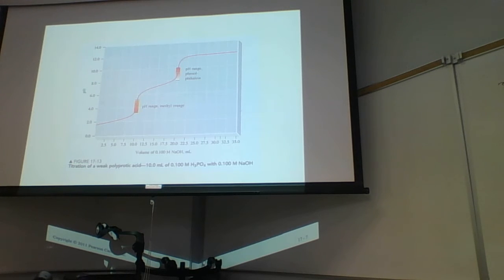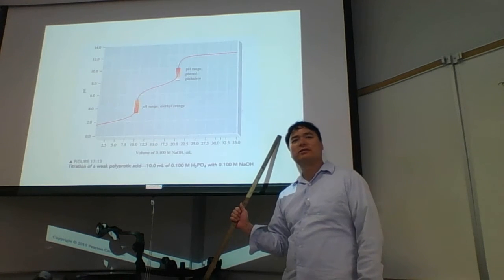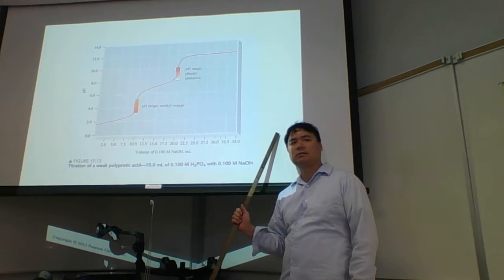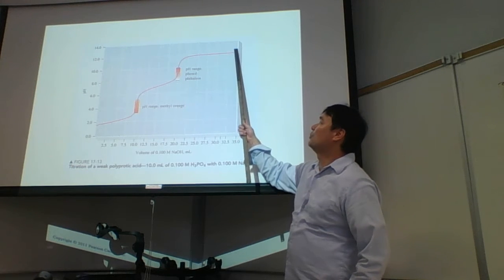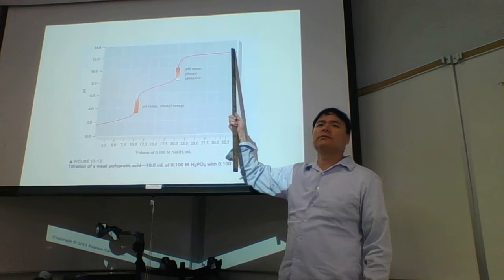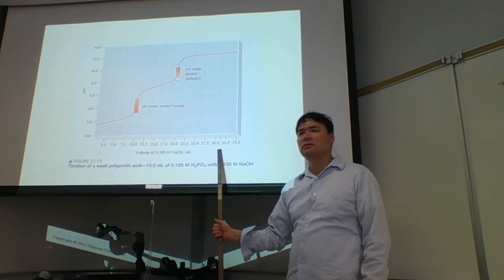So are you ever going to hit pH 13? It's impossible to hit pH 13 because, well, I shouldn't say, at infinite milliliters, then we should approach pH 13. Right? It turns out that the third equivalence point is going to be about 12.8 pH. So we can't get high enough pH. It's not concentrated enough.